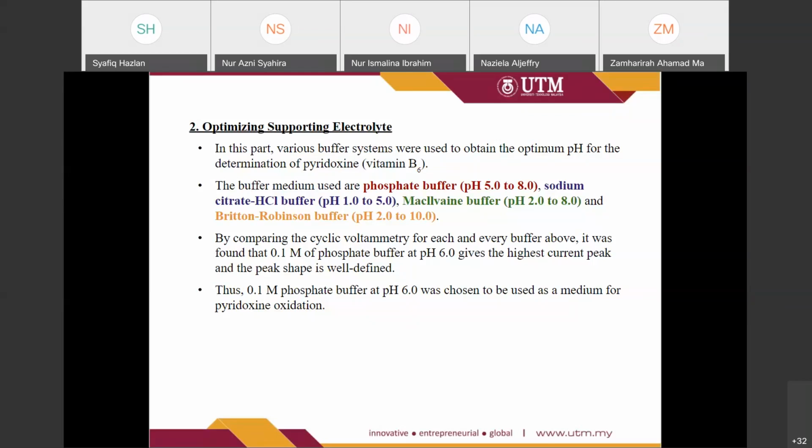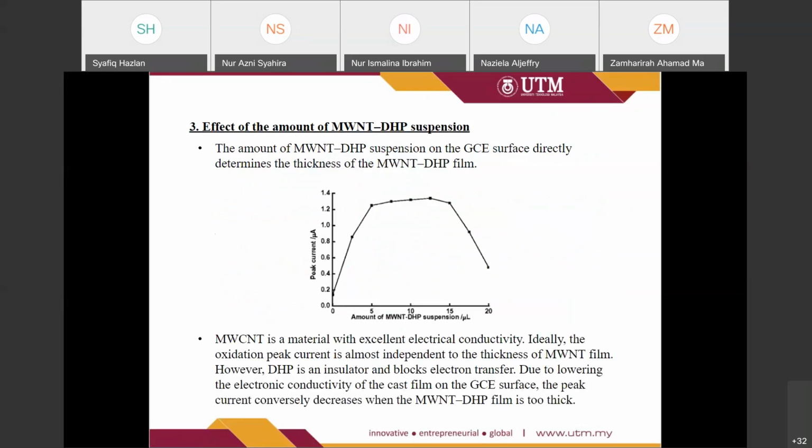By comparing the cyclic voltammetry for each buffer above, it was found that 0.1 molar phosphate buffer at pH 6 gives the highest peak current, and the peak shape is well defined. Thus, 0.1 molar phosphate buffer at pH 6 was chosen to be used as the medium for pyridoxine oxidation in the cyclic voltammetry.